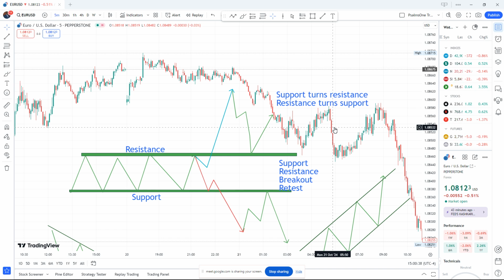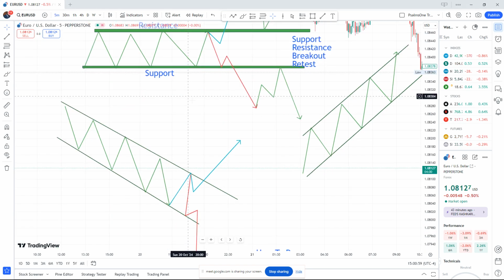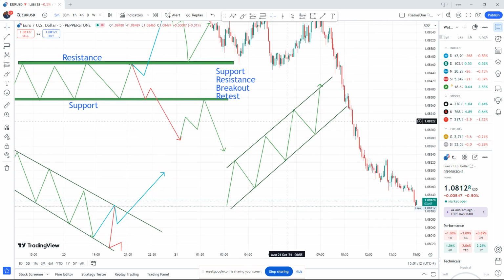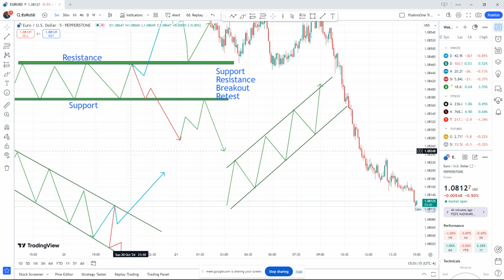We saw three types of ranging market: one ranging between two horizontal prices, another that is diagonal, and another that is looking upward.